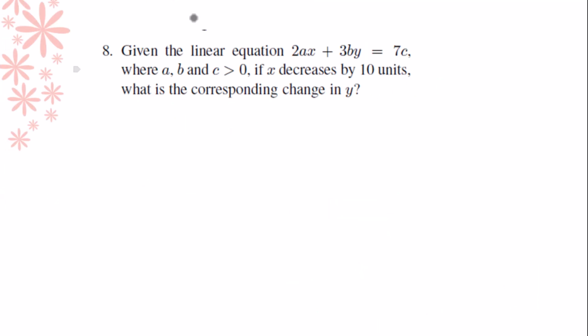Given the linear equation 2ax plus 3by equals 7c, where a, b, c are greater than 0, if x decreases by 10 units, what's the corresponding change in y? First of all, let's solve for y. 2ax plus 3by equals 7c.